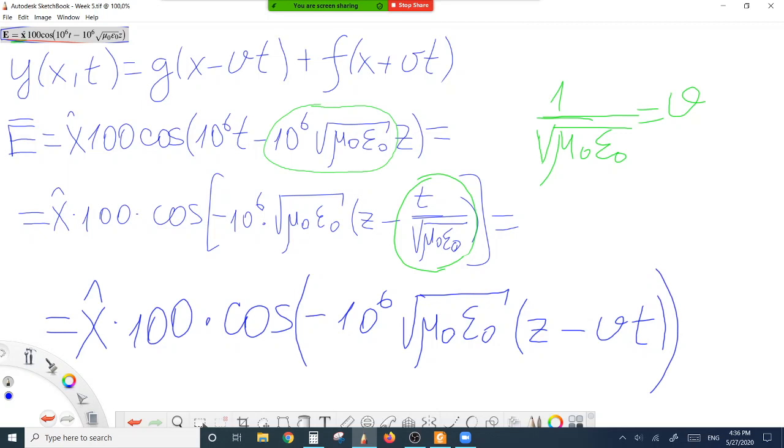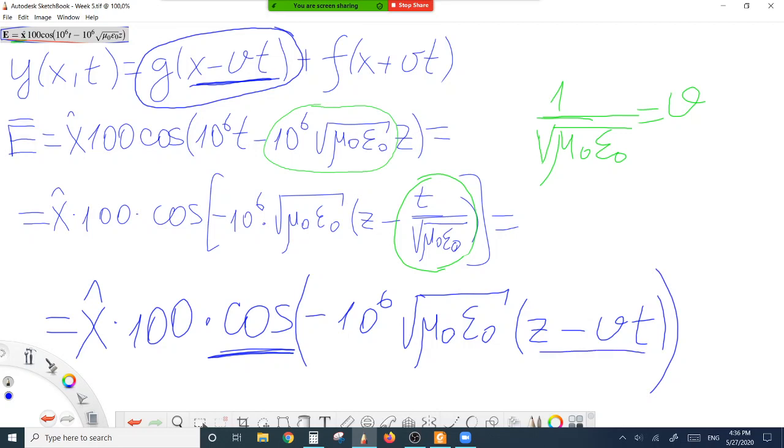And now we can see that our function is exactly in the form of the first function, where the function g is in our case cosine, and the argument is x minus vt.